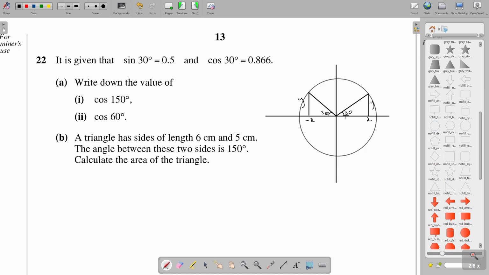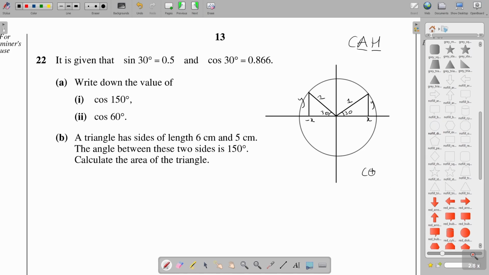So with that logic, the cos of 30 over here is, so cos is CAH, right, which is adjacent over hypotenuse. Adjacent just means like the base, the one next to it, and the hypotenuse is always, in our case, 1.